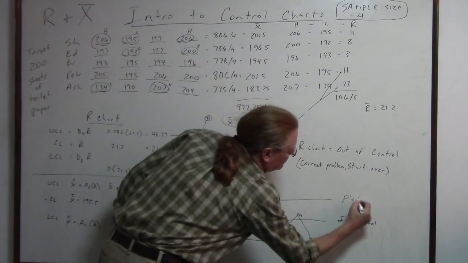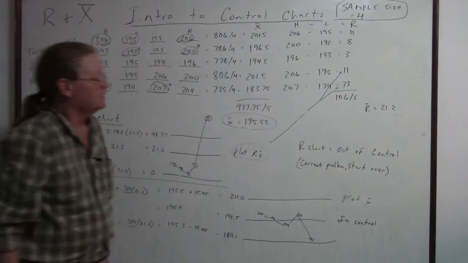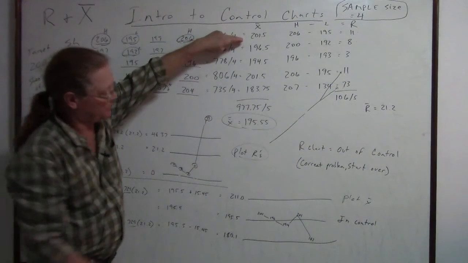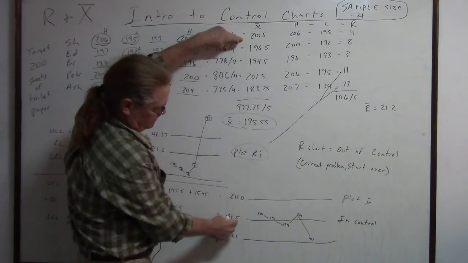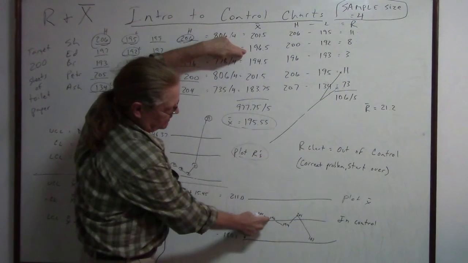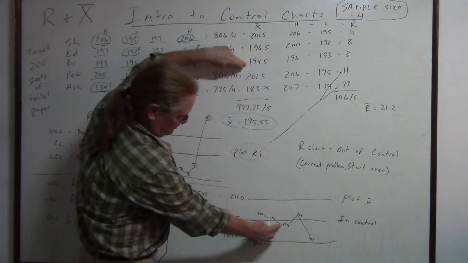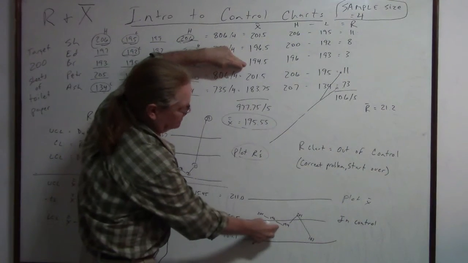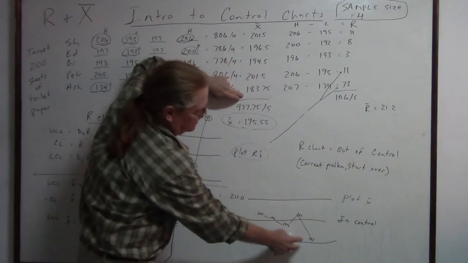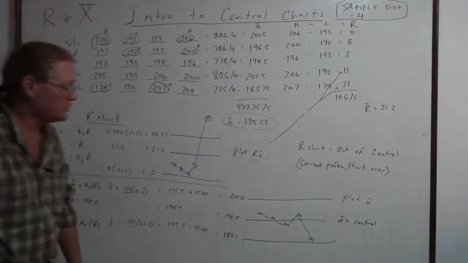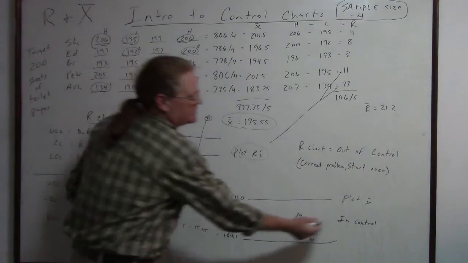Plot X bar. So we go up here and we see a 201. It's in there. 196, 194, just under our target. 201 and a 183. So in this case, it was in control.